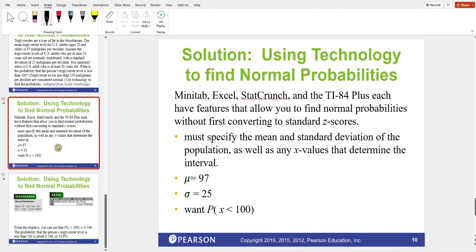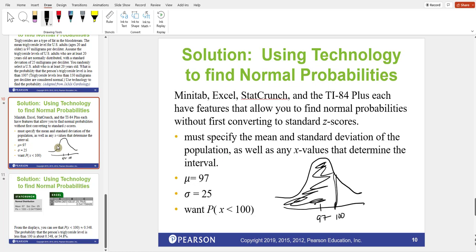All right, so we know the mean is 97 and the standard deviation is 25. We want the probability that X is less than 100. Okay, I always draw a picture because it gives me a visual. So this is 97 in the middle. We want the probability that X is less than 100. So we want this area here to the left of 100.